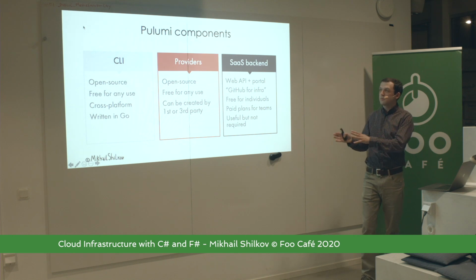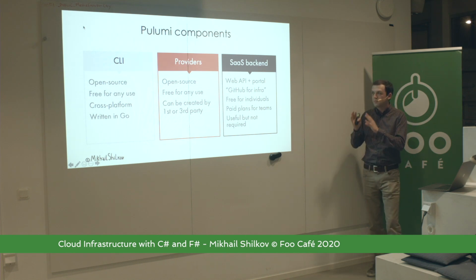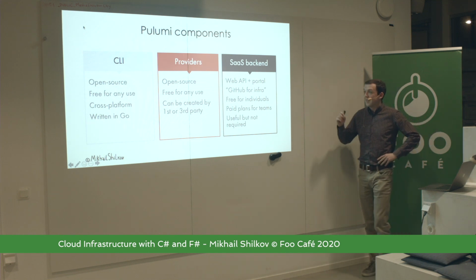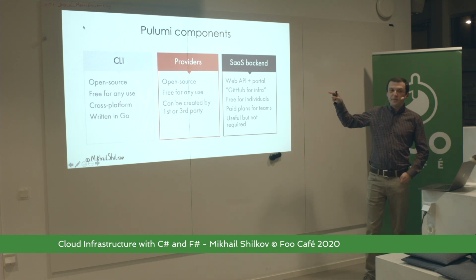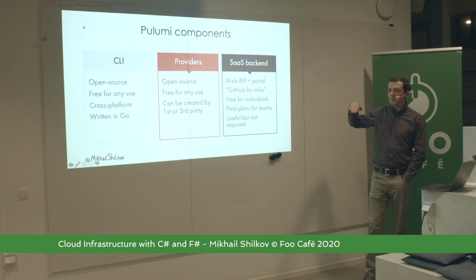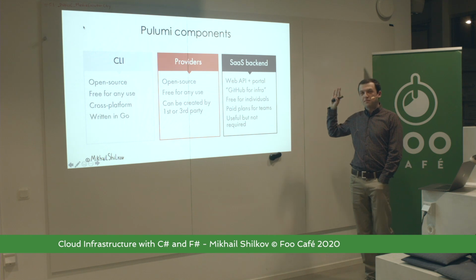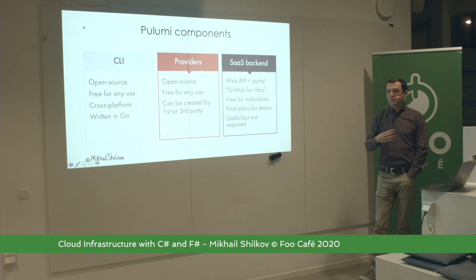You can create issues. You can create pull requests. Please do. We accept everything, well, everything that makes sense. And they are both written in Go, so that's maybe a bit harder for this audience. Also, they are free for any use, for your personal use, for your company, your enterprise. That's free. Take it, do whatever you want.